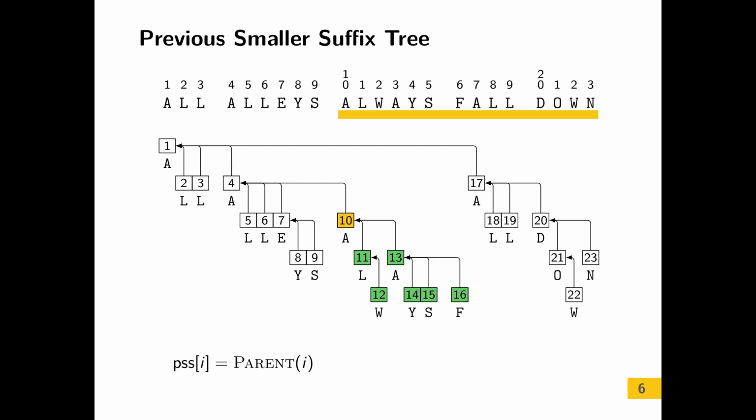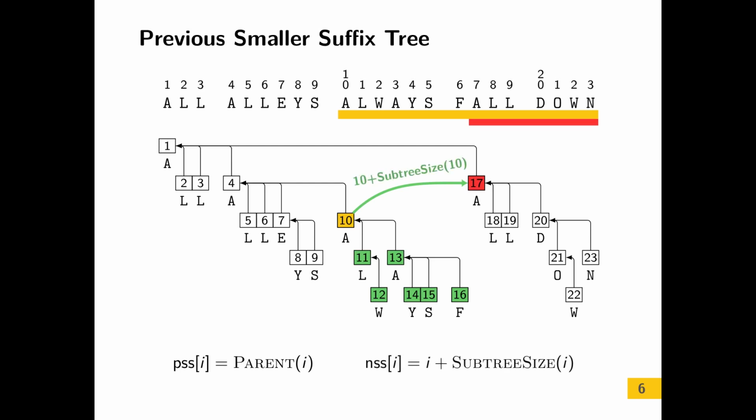Since node 17 is the first one that is not a descendant, it must represent a suffix that is lexicographically smaller than suffix 10. Therefore, 17 is the NSS of 10. In general, the NSS of any suffix i can be retrieved as i plus the size of the subtree that is rooted in i.